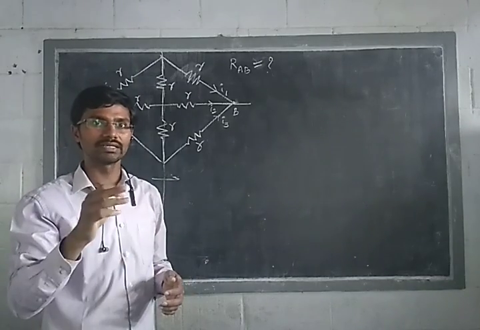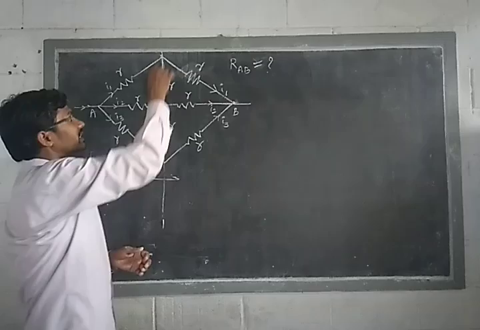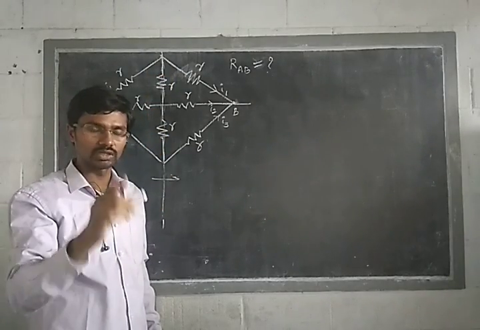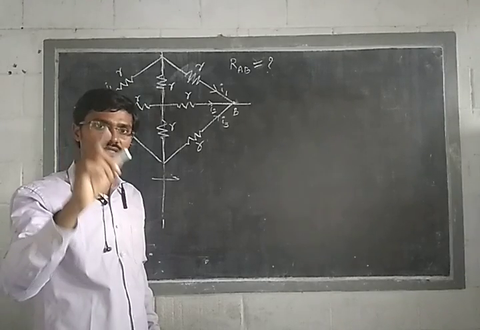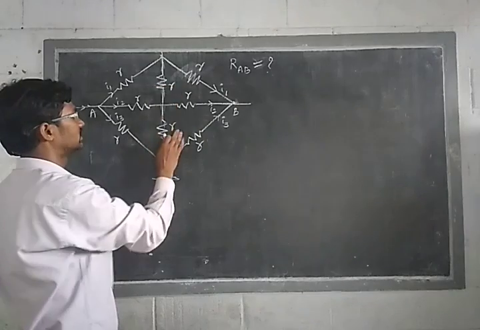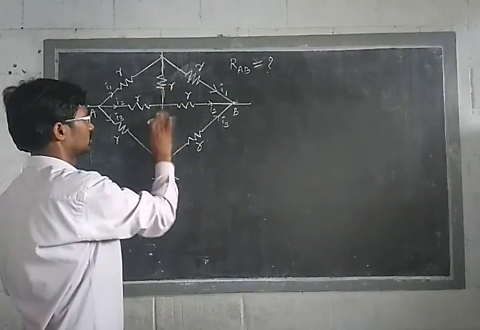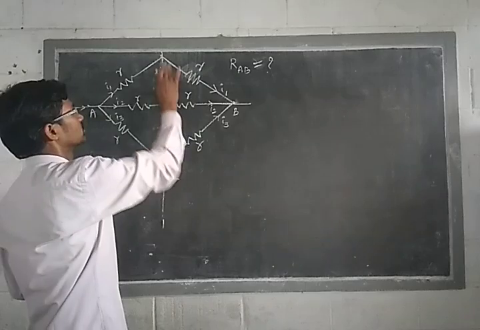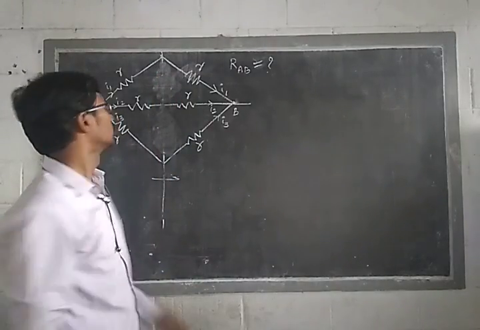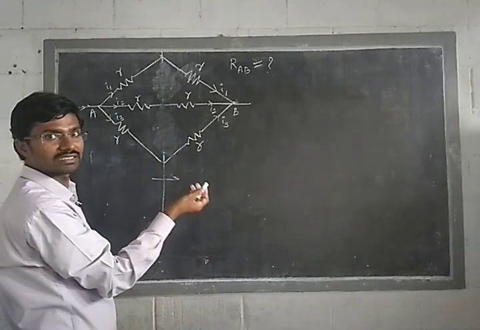I already said, when you have drawn mirror symmetry, along that line the resistors are ineffective. There is no flow of current across the resistors along that axis. Now you can remove these two resistors, because they have the same potential difference, so current is 0. Now you can solve it easily.